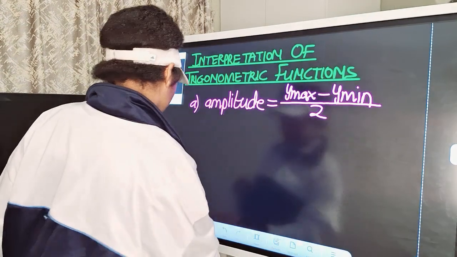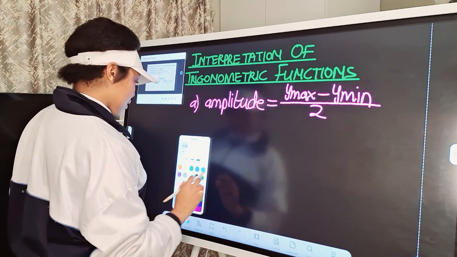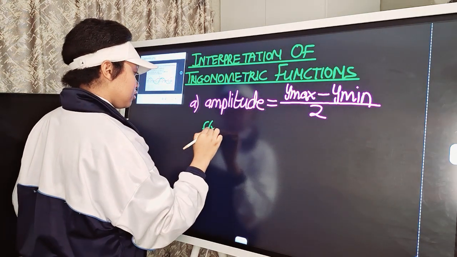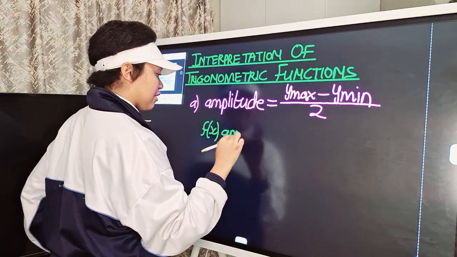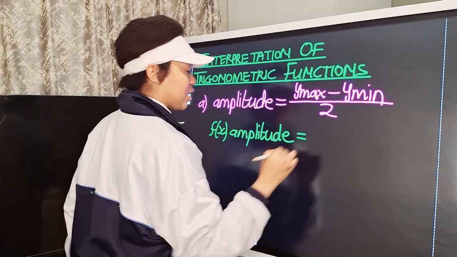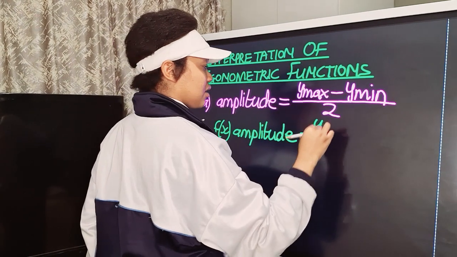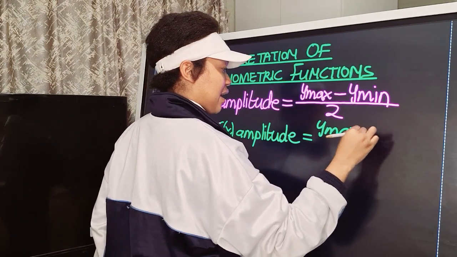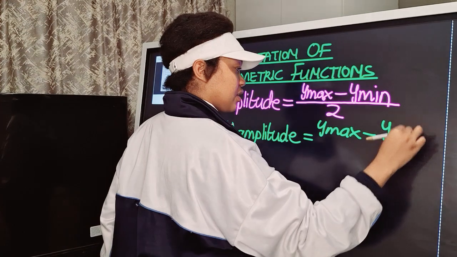So let's start with graph f(x). The amplitude for graph f(x) is y max minus y minimum, divided by 2.